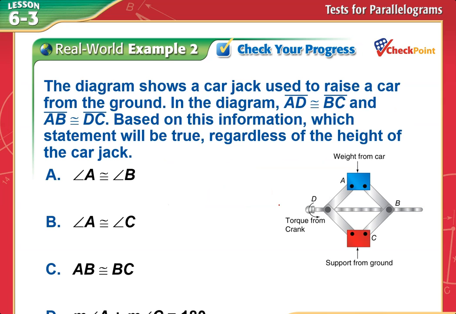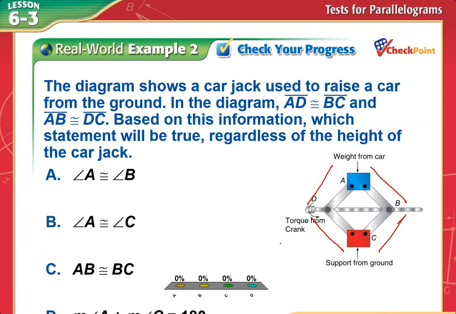All right. The diagram, a real-world example here, shows a car jack. And we have AD congruent to BC, side lengths AD, this side length here, and AB and DC. Based on this information, which statement will be true regardless of the height of the car jack?